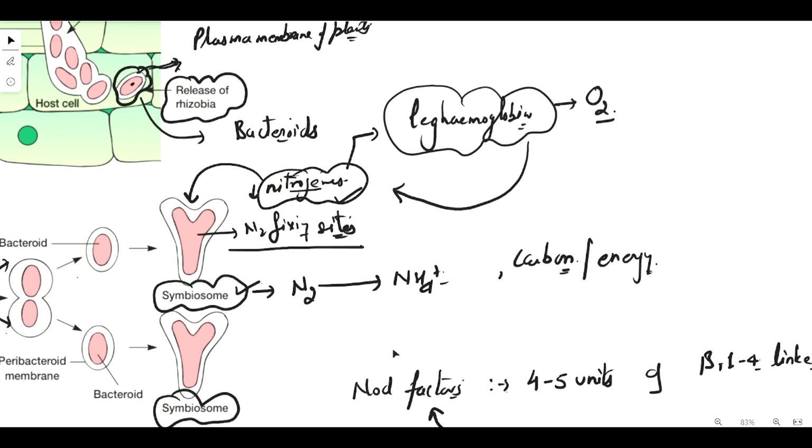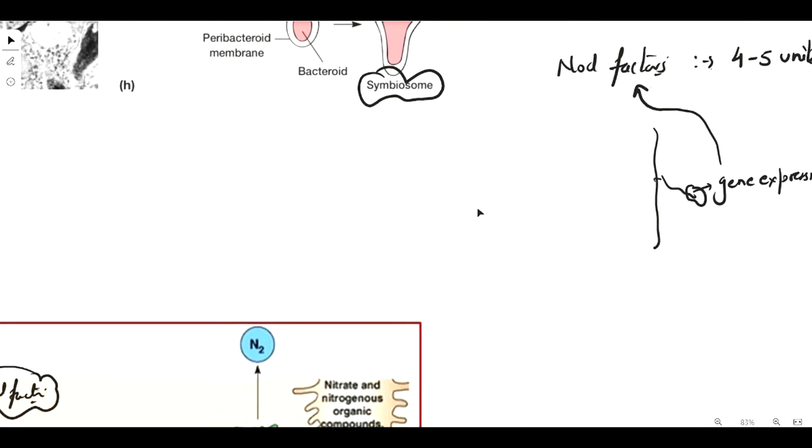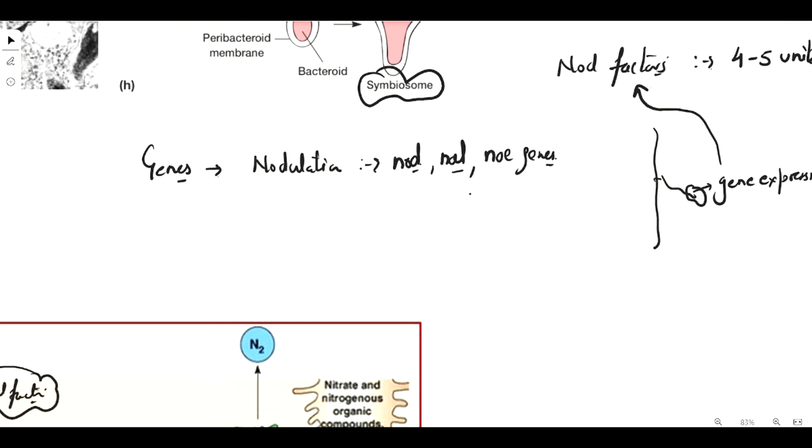For nitrogen fixation in the rhizobia, they need some essential genes. If we talk about nodulation, then there are nod factors such as nod, nol and noe genes. Their expression is important for the nodule formation.